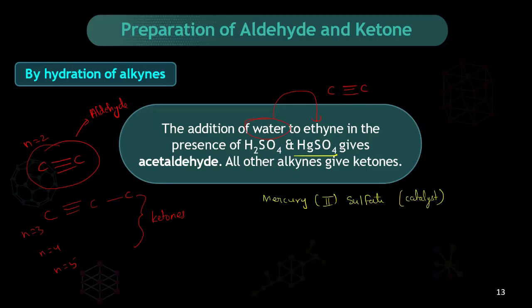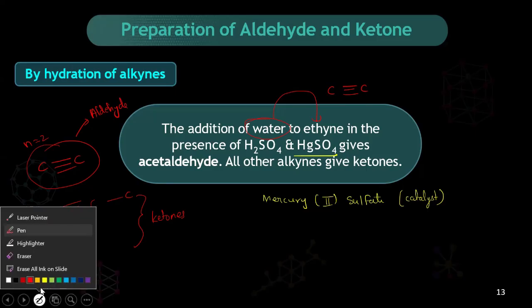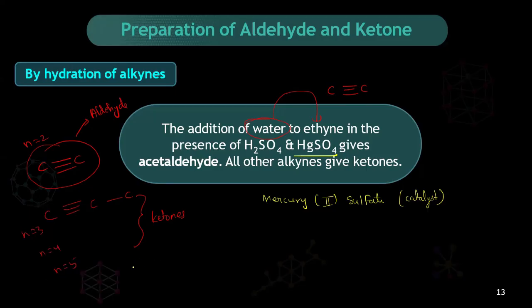Yes, sir. So this reaction will happen like this. CH triple bond CH, with the help of water, this water will break the triple bond. This will happen in the presence of HgSO4, that is mercury sulfate, which acts like a catalyst, and there is a sulfuric acid as well, H2SO4. So that will give an intermediate molecule, which is an alcohol.